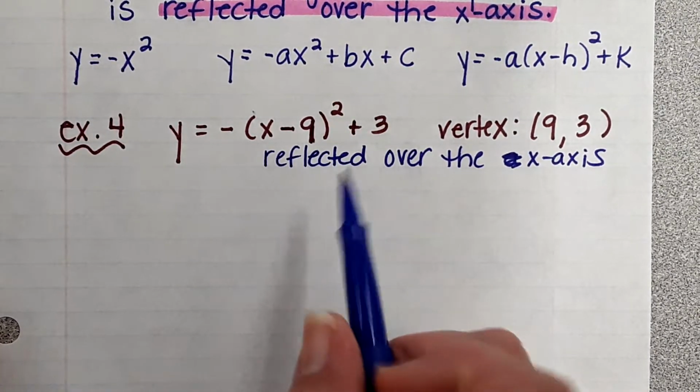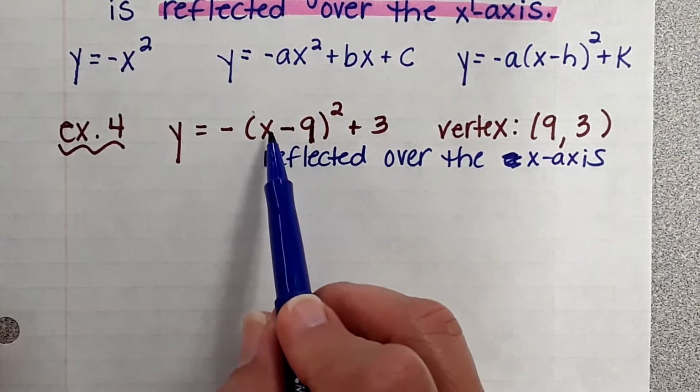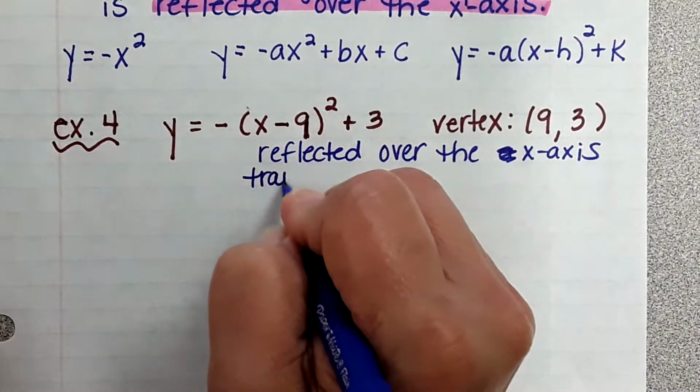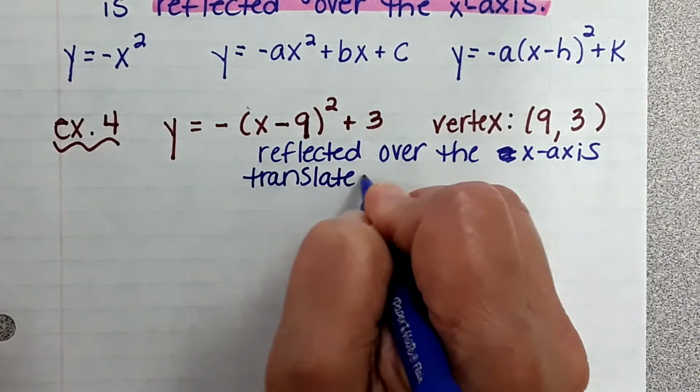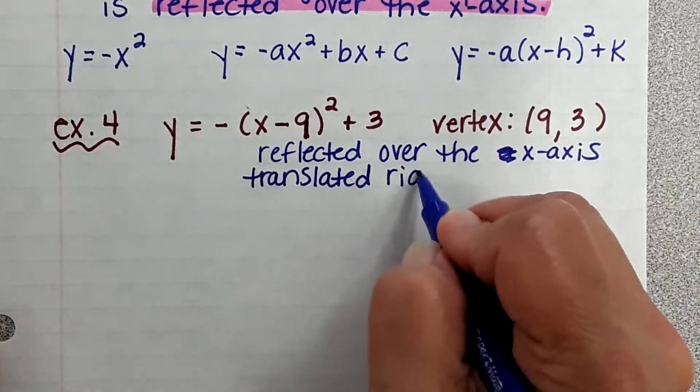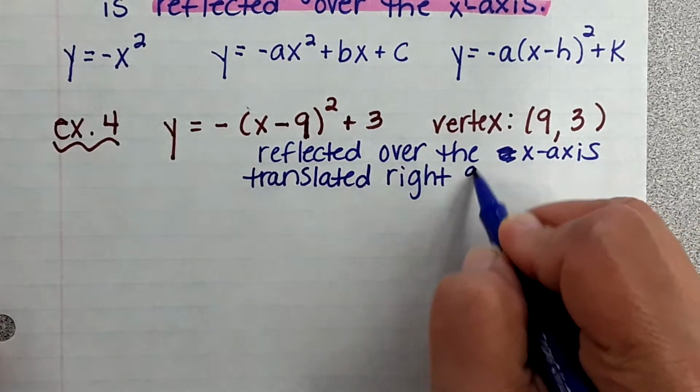Always the x-axis. Now, what's x minus 9? What does that tell me? Translated, is that left or right? Left. It's translated right, 9 units.